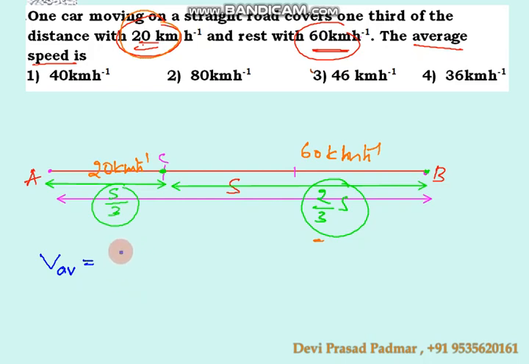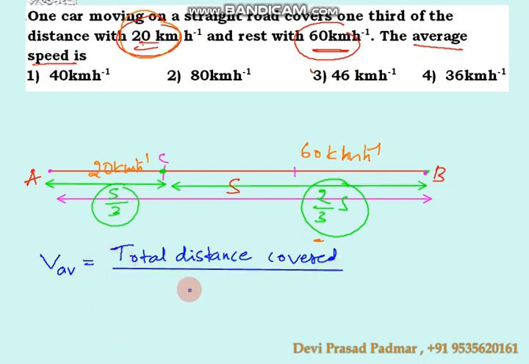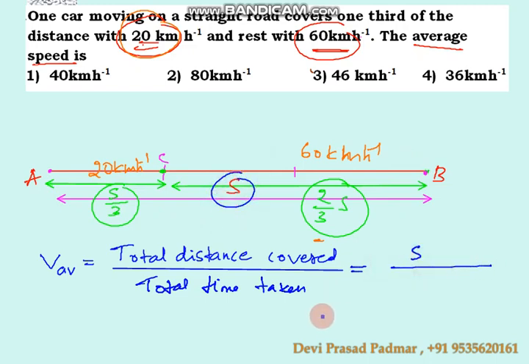So average speed equals total distance covered divided by total time taken. Now what about the total distance from A to B? That is S. Therefore, S divided by total time taken.